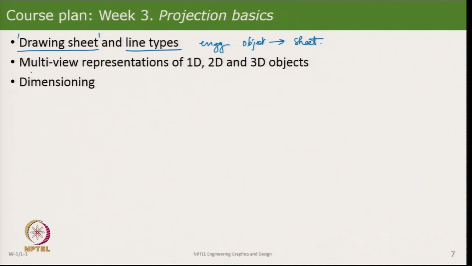Then we will look at multi-view representations in 1-dimensional, 2-dimensional and 3-dimensional, but this is with respect to objects. A 2-dimensional object would be something where the thickness is very small, for example, a sheet. If we have to just show how a cardboard box is made by cutting and bending it, the thickness is everywhere the same, that becomes a non-issue, it becomes a 2D object.